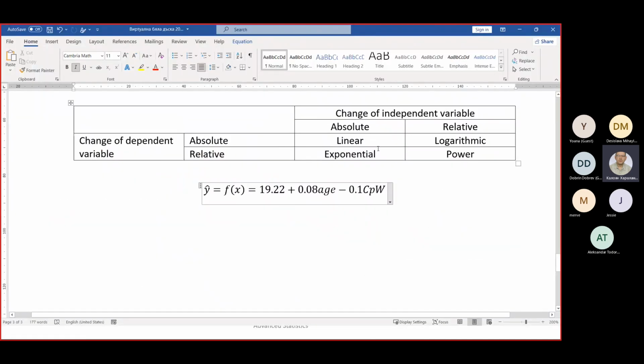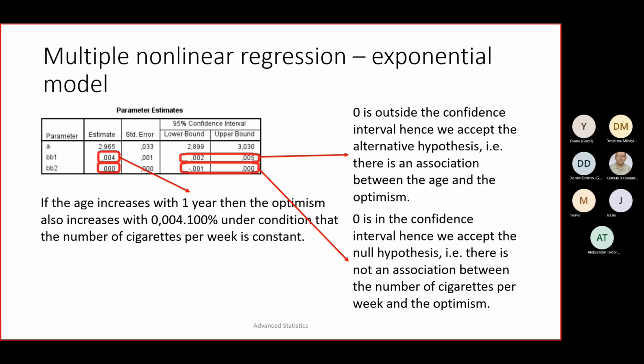And our interpretation here is according to the exponential model. Here we put exponential model in this cell when the change of independent variable is absolute, and the change of dependent variable is relative. So the first coefficient shows that if age increases with 1 year, then optimism will increase with 0.4%.